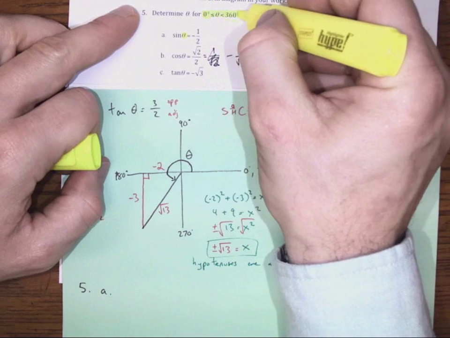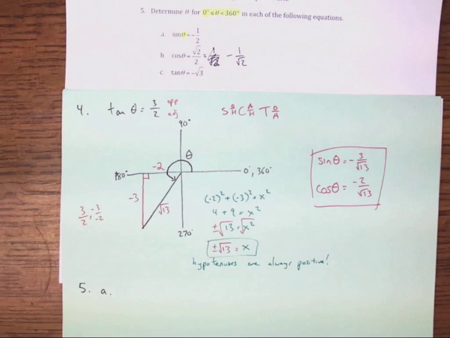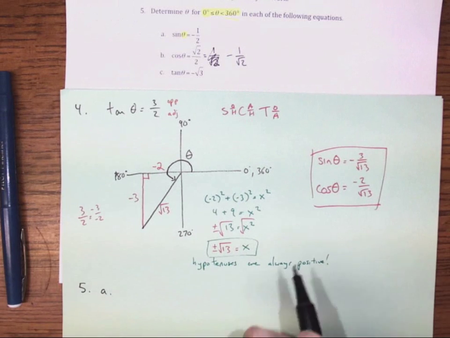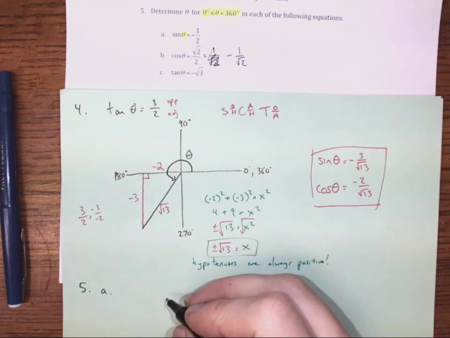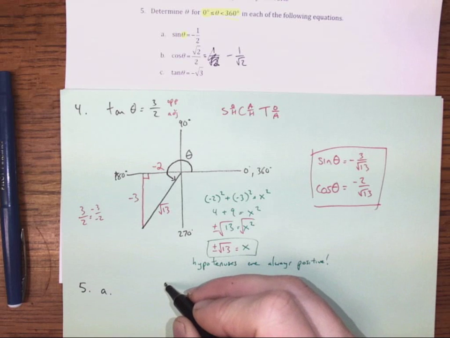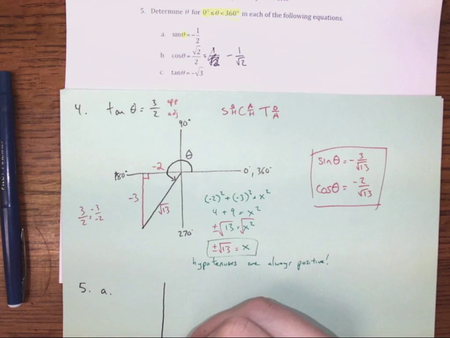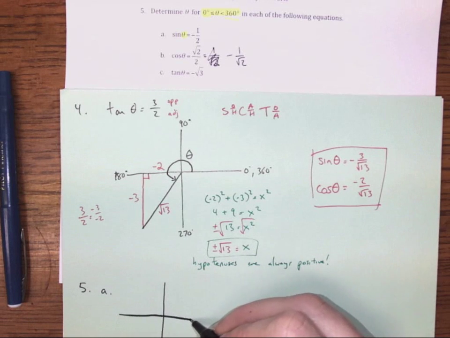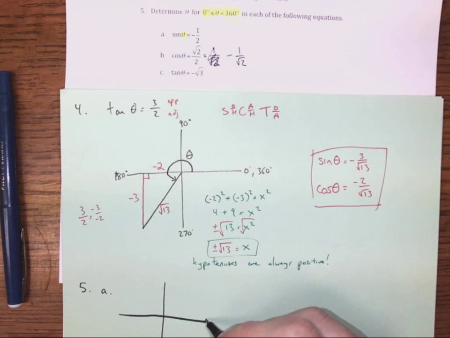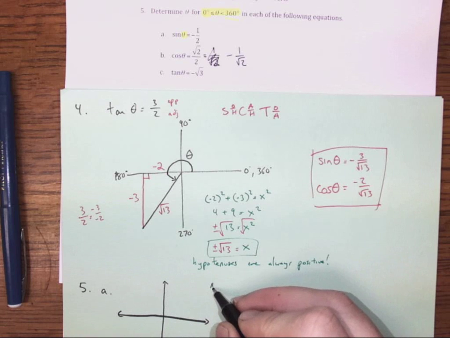Okay, and so if we have angles between 0 and 360, which ones give us positive sine values? And that's going to be in our all quadrant, quadrant 1, and our sine quadrant, which is quadrant 2.